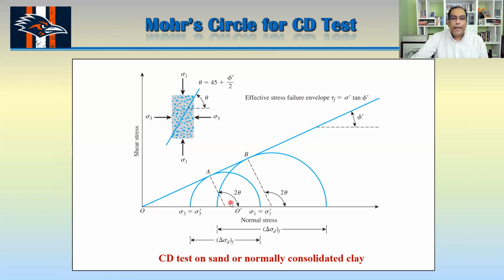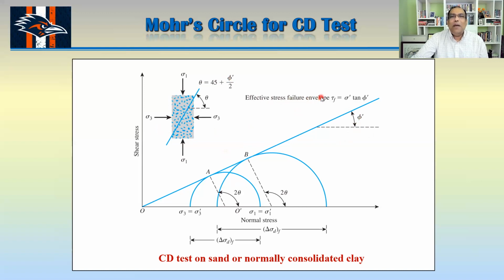Okay. Now you already know that you can find out this angle here. We already talked about that angle theta, how this one is going to fail and along which plane. That's actually theta is equal to 45 plus phi by 2. Okay. Now you can see here, we are just writing everything like this phi prime because this is the effective stress failure envelope.